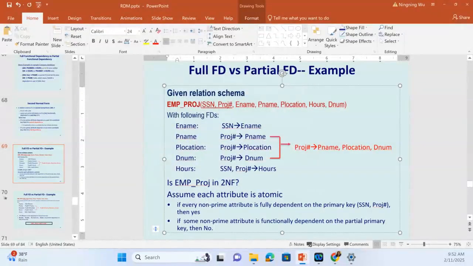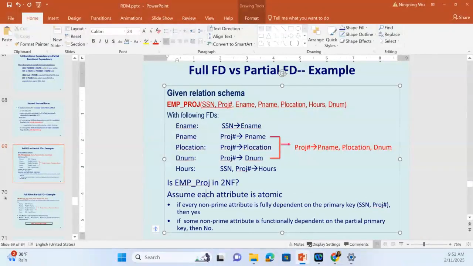So if we assume each attribute is atomic, then how do we know if this relation schema is in second normal form or not? Because if each attribute is atomic, that means this relation EMP_PROJ is in first normal form. Then we are ready to examine if it is in the second normal form.